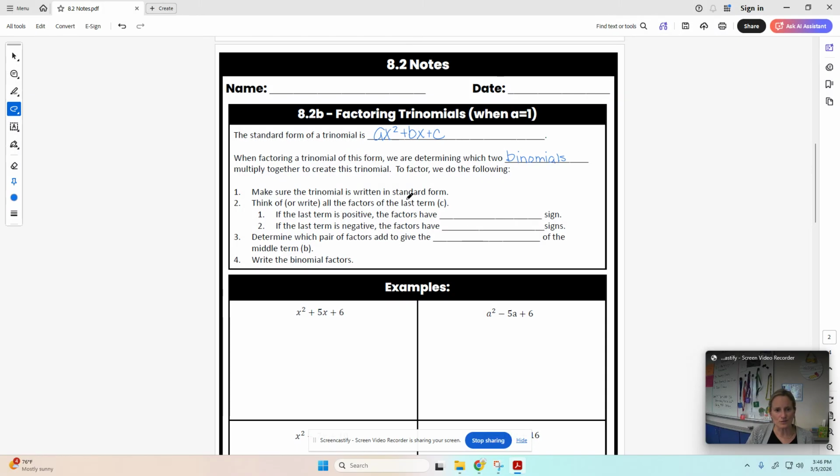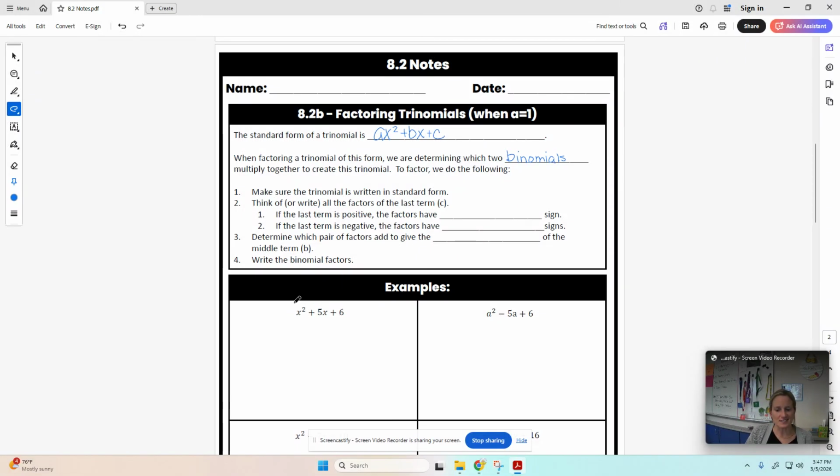So when we factor these, number one, we need to make sure that it is written in standard form. As you move through some of the problems this week, as they start to progress, in some of the harder problems, maybe on the medium, actually maybe both, you are going to sometimes find that there is a number in front of the x squared.